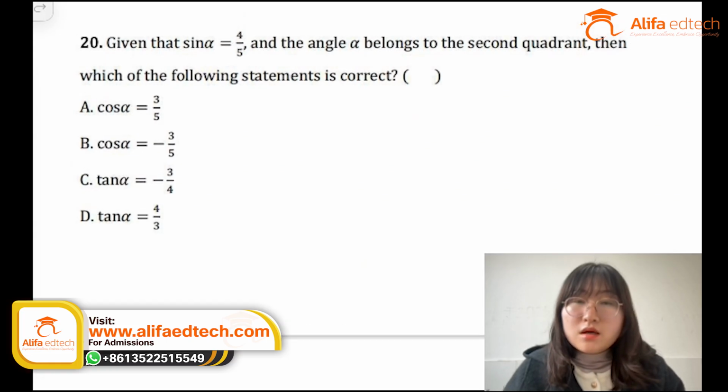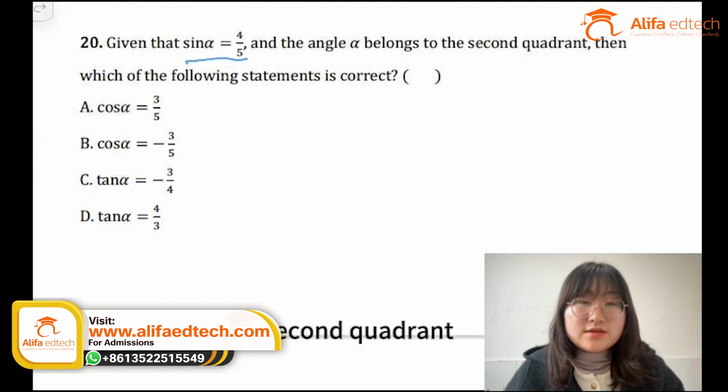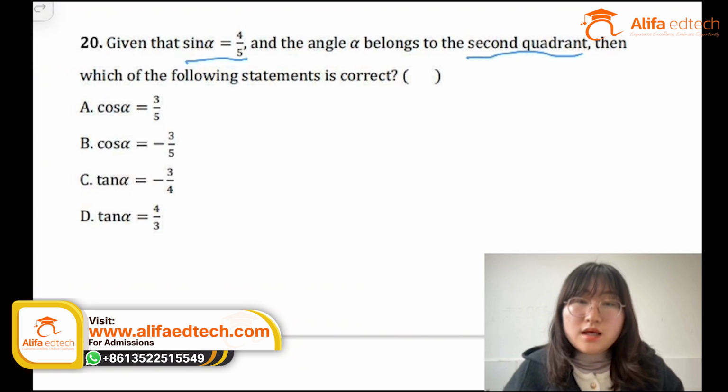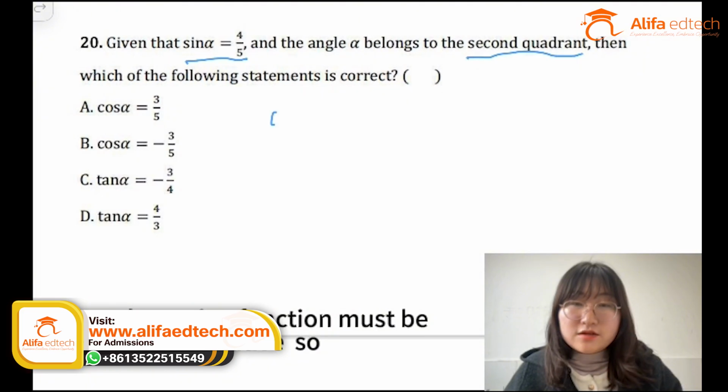Question 20. We are given that sine of alpha is 4/5 and alpha is in the second quadrant. In the second quadrant, the sine function is positive, but the cosine function must be negative.